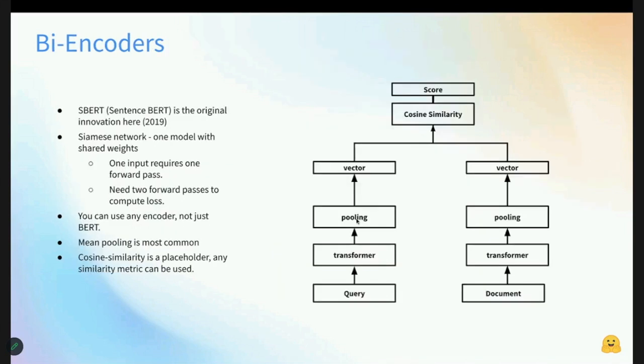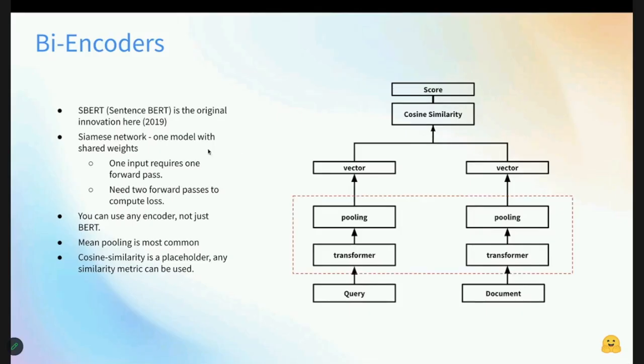That pooling operation is what's responsible for getting us an individual vector. The query goes through the transformer and pooling to get a vector. The document goes through the transformer and pooling to get a vector. And then these two one-dimensional vectors can be compared with cosine similarity to understand how similar they are or aren't.